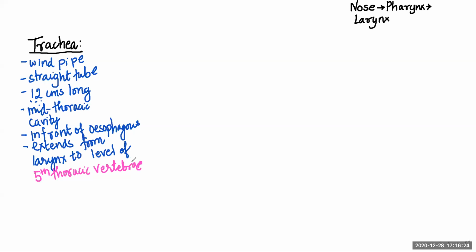The trachea will start from the larynx, end at the fifth thoracic vertebra. You know why do we say it ends at the fifth thoracic vertebra? Because at the fifth thoracic vertebra it forms two branches, and these two branches are called primary bronchi.